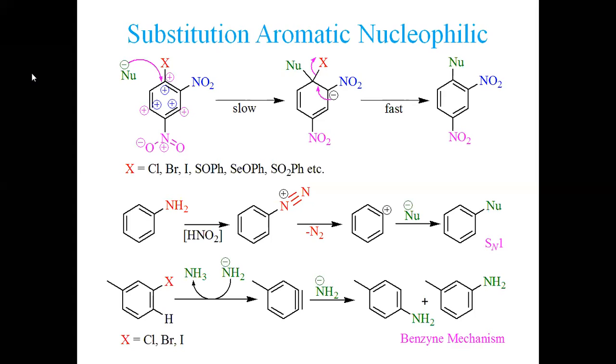Now let's see some substrate. This is an aromatic system, but you see it has two nitro groups present here. This is a nitro group. I have opened one nitro group here. This nitro is also like this, but I have just opened one nitro. What is the influence due to resonance?